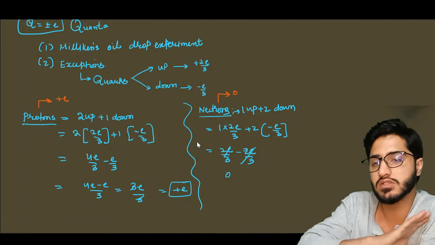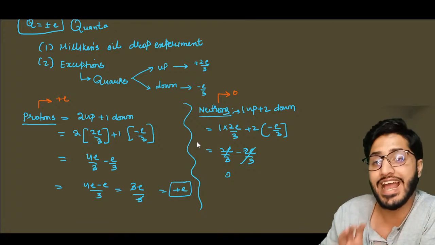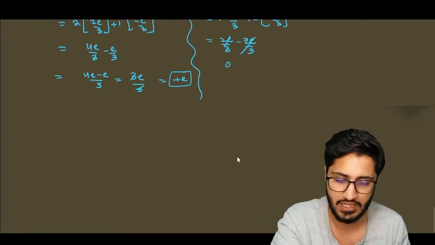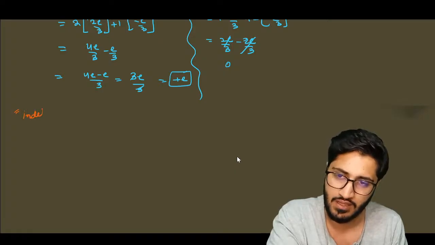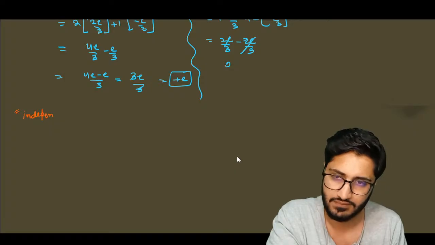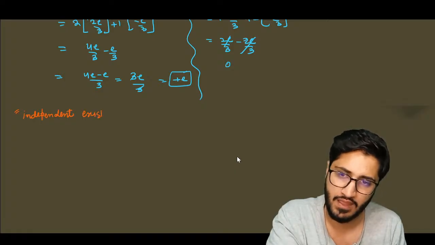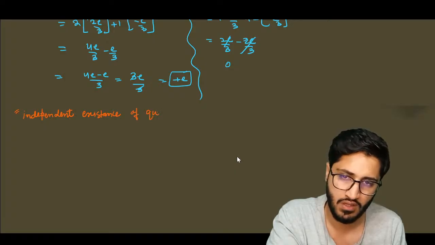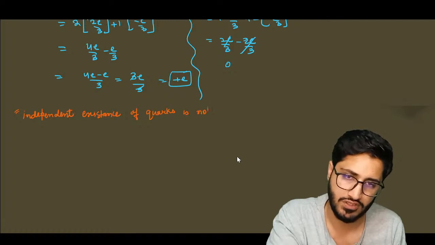So independent existence of quarks is not possible.